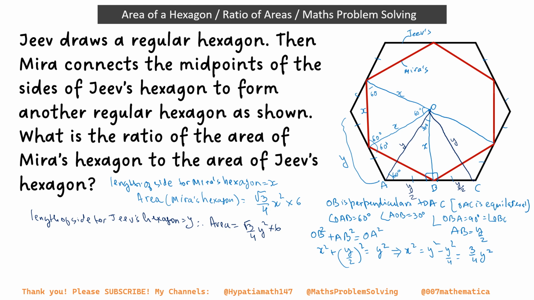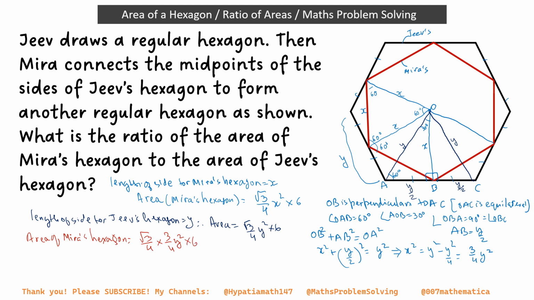So let us substitute the value of x square in the area of Mira's hexagon. The area of Mira's hexagon is equal to root 3 out of 4 times, instead of x square, 3 out of 4 y square, and times 6.